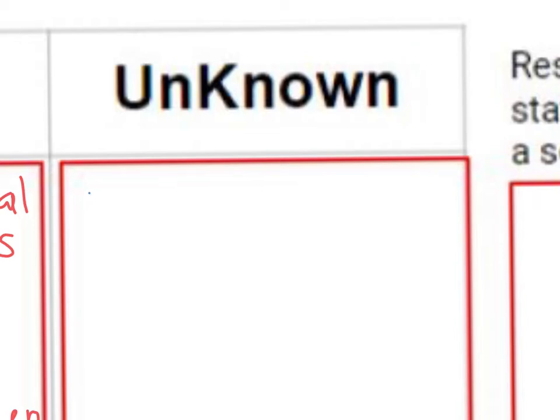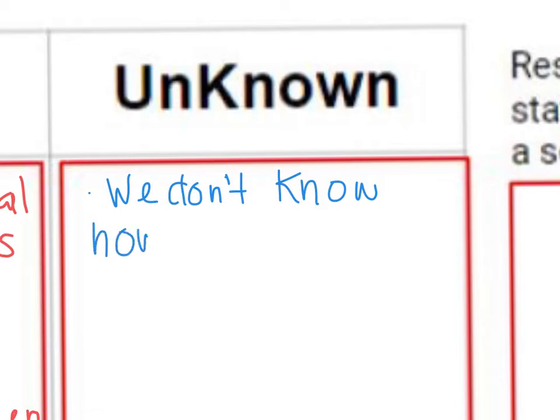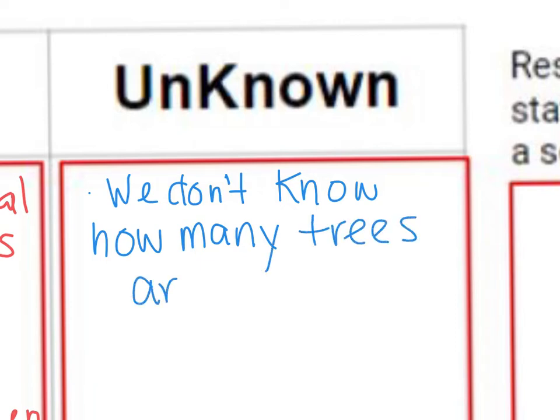So we don't know how many trees are green.